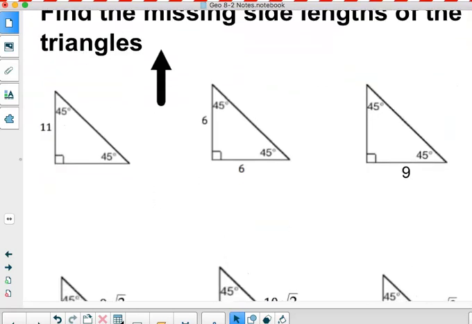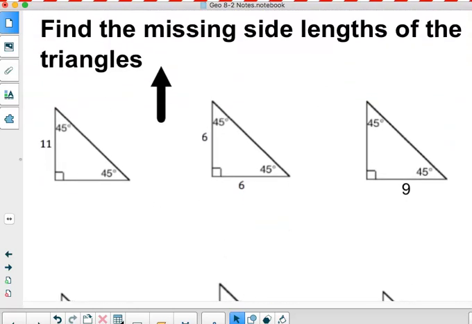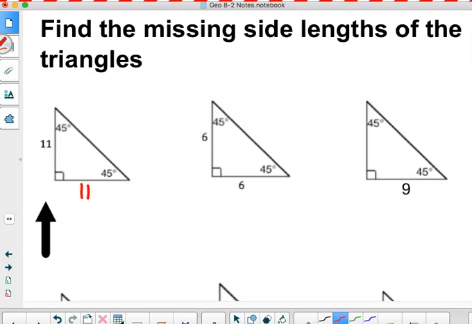So if we're going to find the missing side lengths, and we know the pattern, and we know that in a 45-45, the base angles are congruent, the sides opposite them have to be the same. So this is 11. And we just learned that this is 11, the square root of 2.